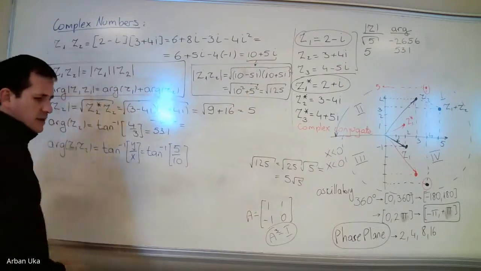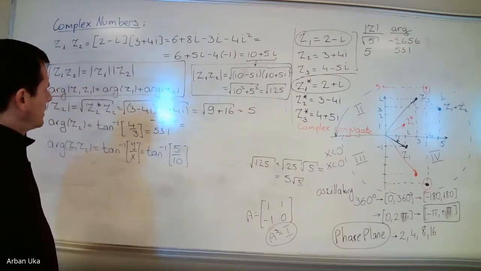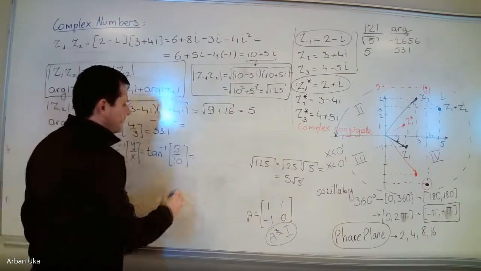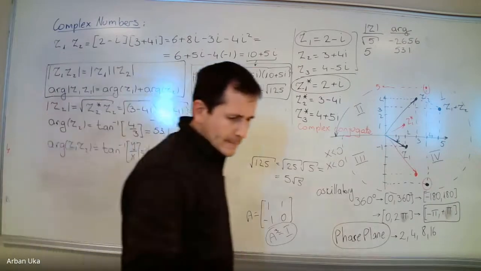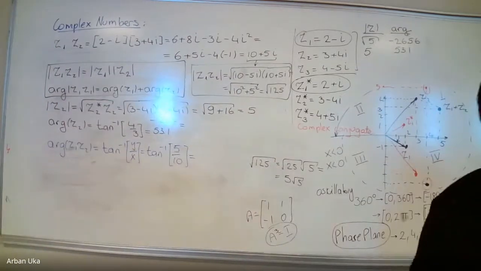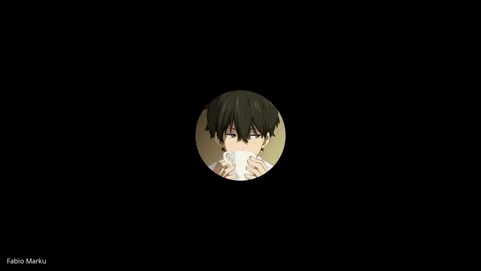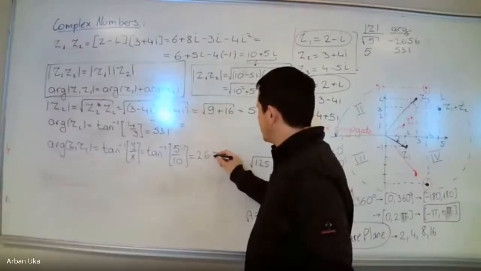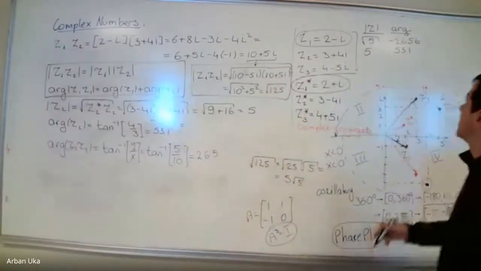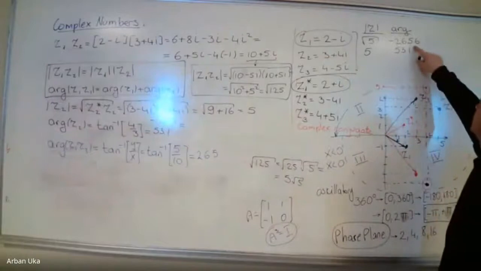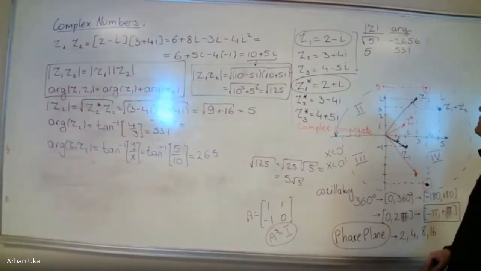Can you find what is the argument using a calculator? 26.5. Yes. Now, what remains for us is to check whether the summation here is really 26.5. Approximately, yes.